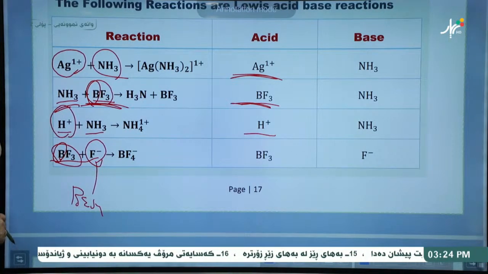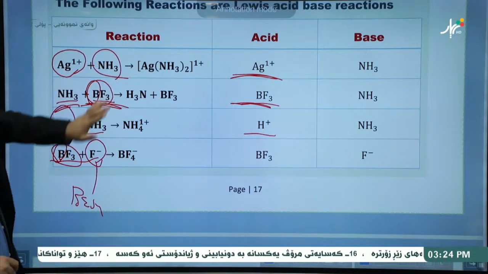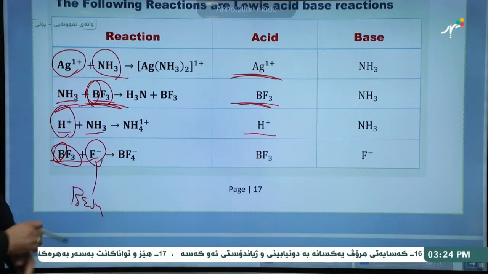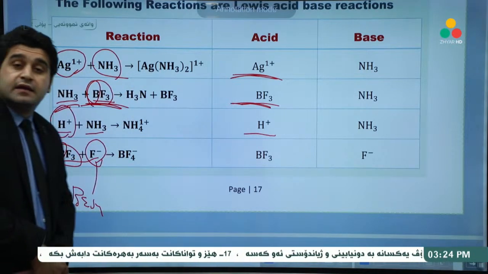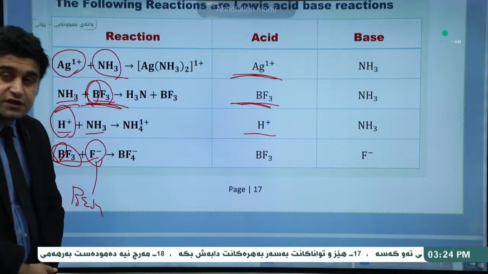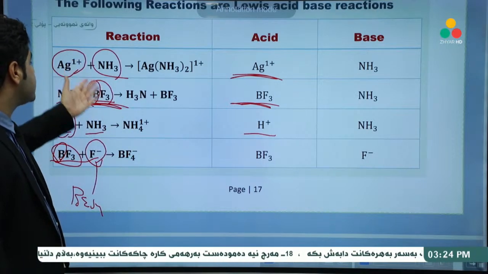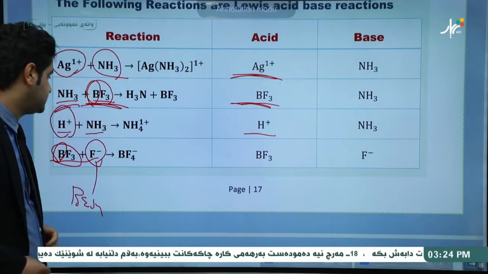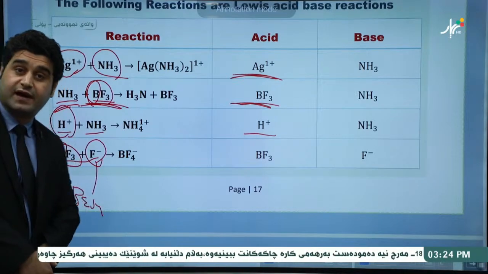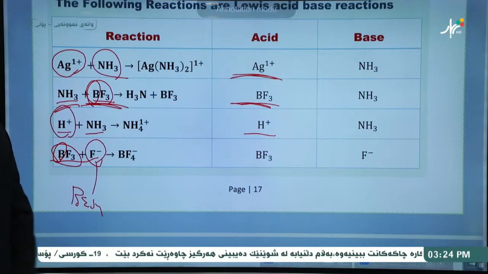Look, do we have water in here? No. Do we have hydrogen and hydroxide? No. So tell me something about the Arrhenius. Use Arrhenius theory to identify acid and base in these reactions. No, we cannot identify because they are not aqueous solution and we don't have any OH and hydronium ion.